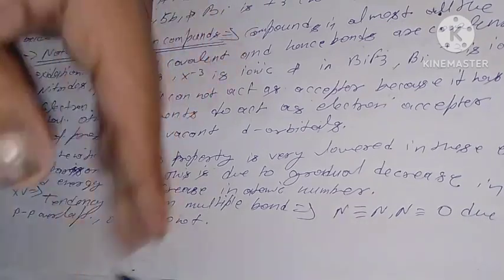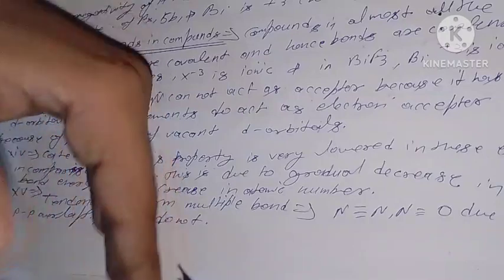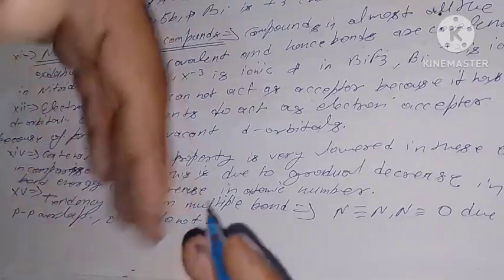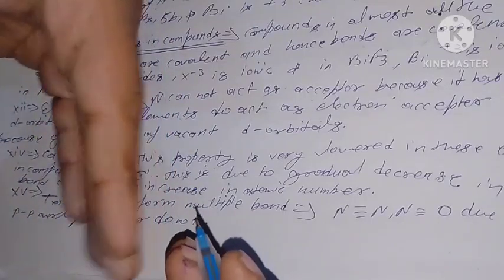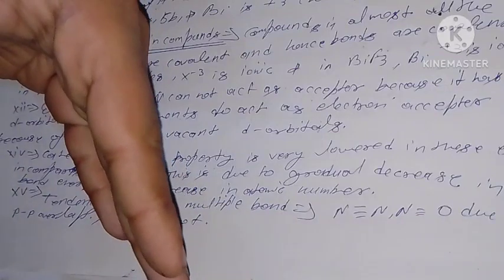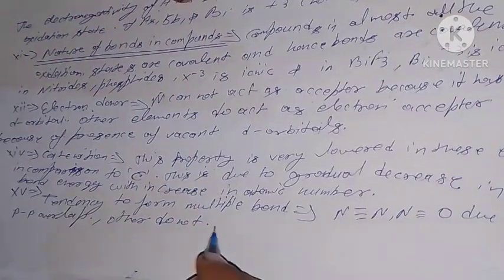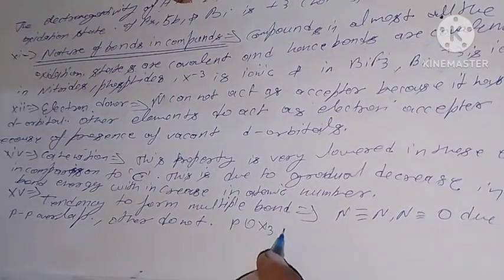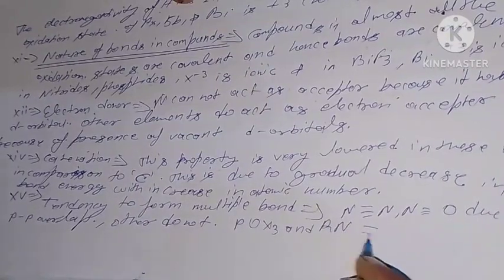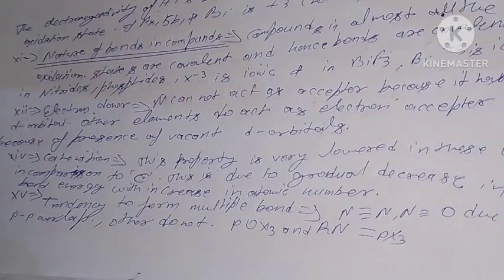Phosphorus, arsenic, and antimony form tetrahedral molecules in the elemental state. Phosphorus and arsenic form pπ-pπ and pπ-dπ multiple bonds. Multiple bonds of phosphorus are seen in compounds like POX3 and R3P=O.